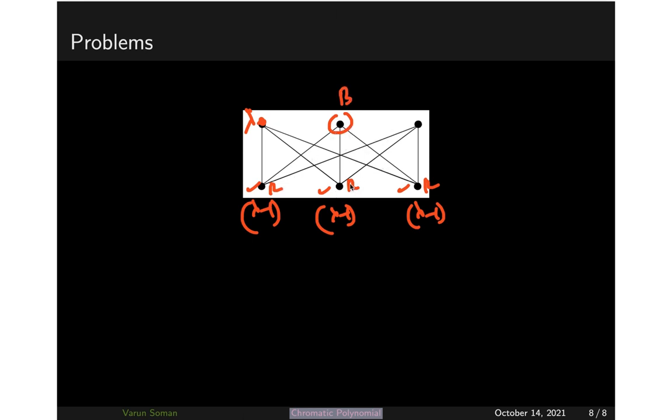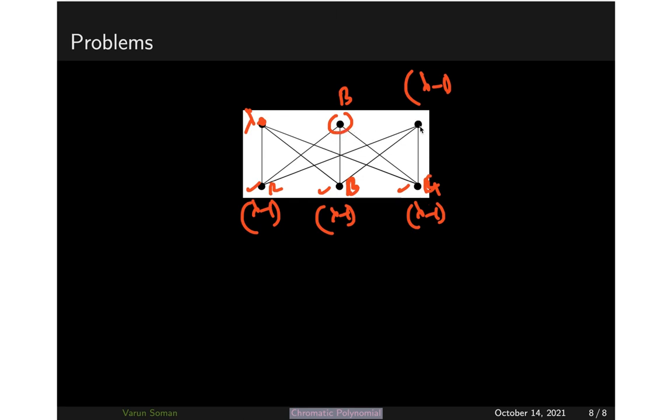Suppose I give this blue and this green, the number of options will be reduced, but the maximum number of options available is lambda minus 1. Depending upon your coloring, that many options are available. Maximum lambda minus 1 options are available for this vertex.